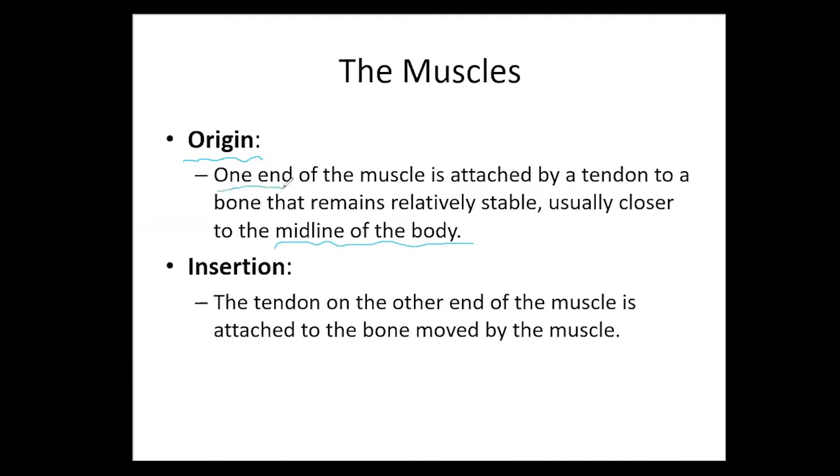The origin side is where the muscle touches the bone that is closer to the center of the body. That's the more stable part. We call it origin. The other part, away from the center or middle line of the body, we call insertion.